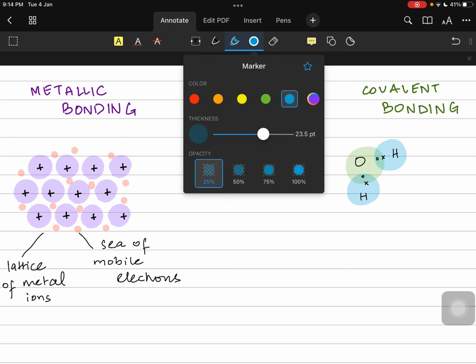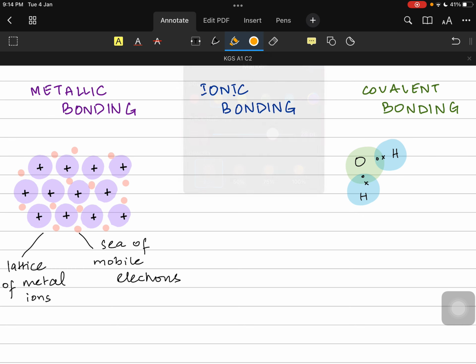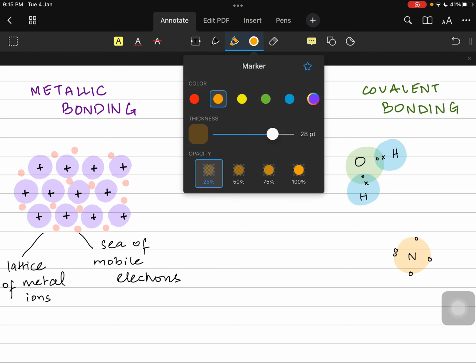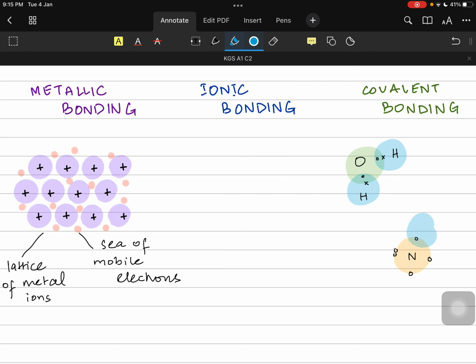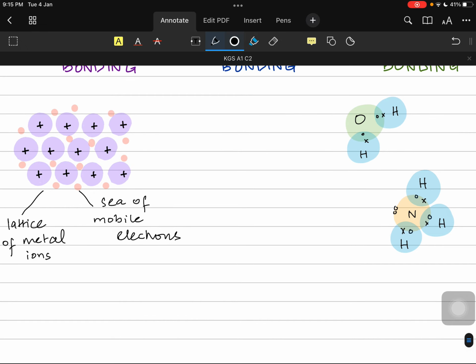Similarly, if you have a nitrogen atom, which has 5 electrons in the last shell, it shares its electrons with hydrogen atoms. So the hydrogen atom brings its electrons and the nitrogen atom already had its electrons and they share them.